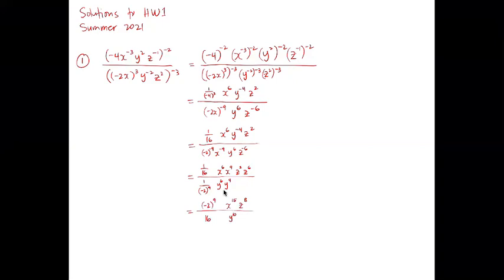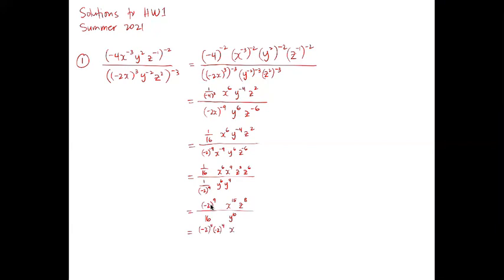And then, of course, we have these constants. If we simplify that, you can write this as negative 2 raised to power 5, and then negative 2 raised to power 4.